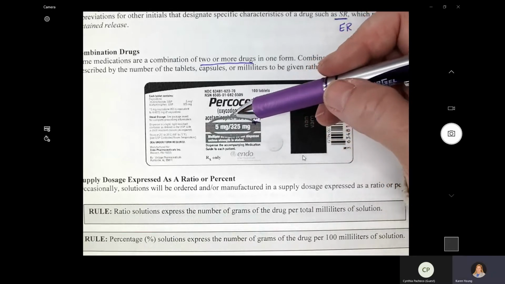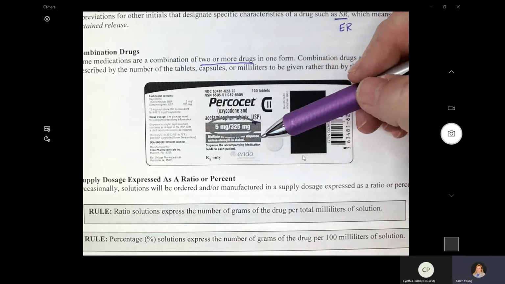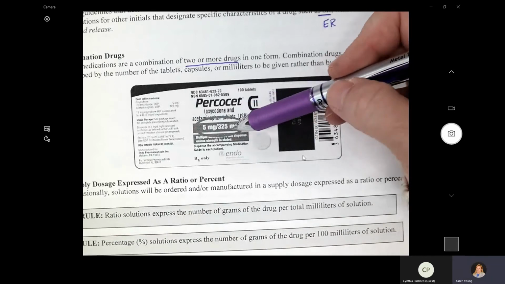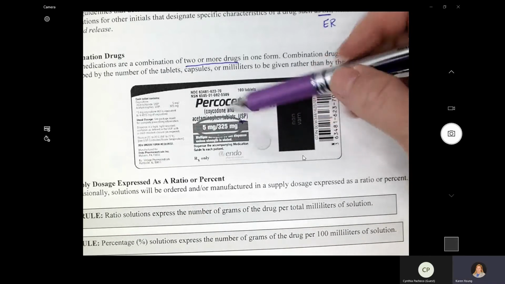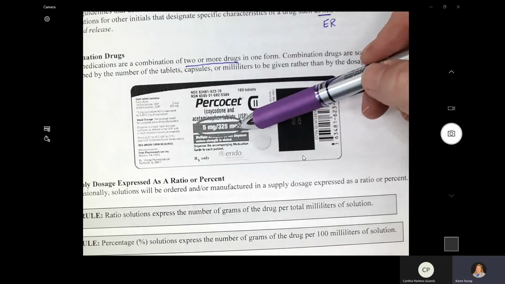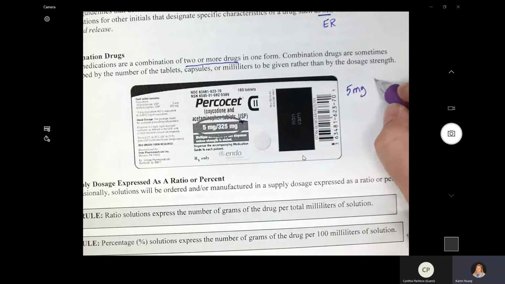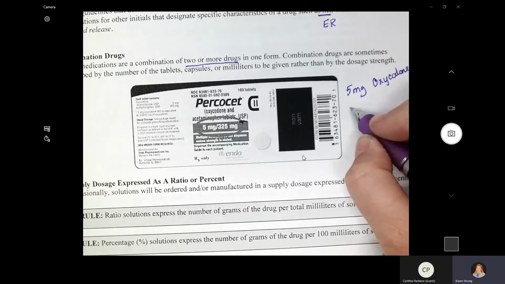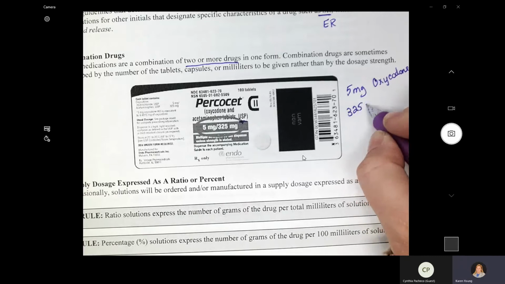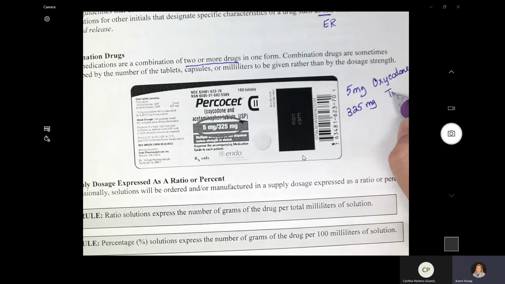It will not come out my mouth. Your dosage strength here is 5 milligrams per 325 milligrams, which means that it's 5 milligrams of oxycodone and 325 milligrams of the Tylenol.